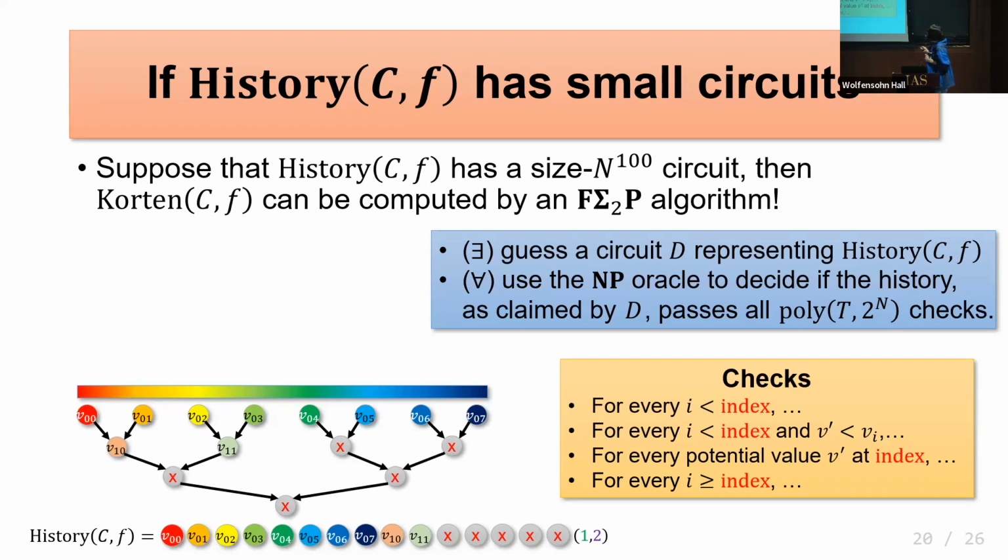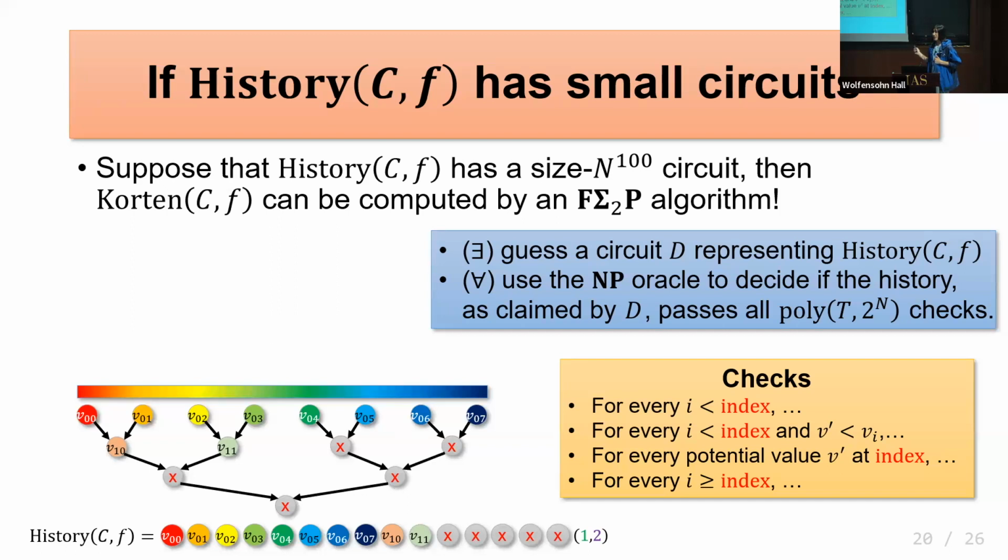So if there's a small circuit for the history, then I can guess the circuit and use the checks like before, on the index, before the index, and after the index, to verify the circuit is a valid history. This means that if the history has small circuits, then you can find a non-output of C by a single valued F sigma 2P algorithm.